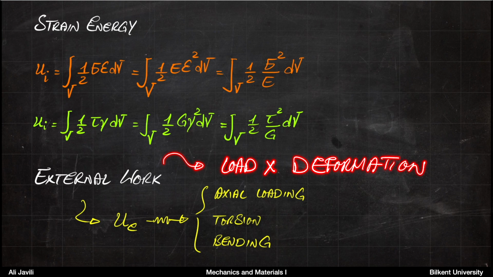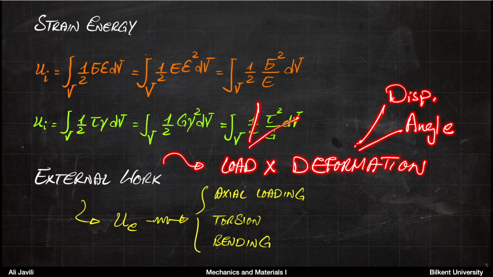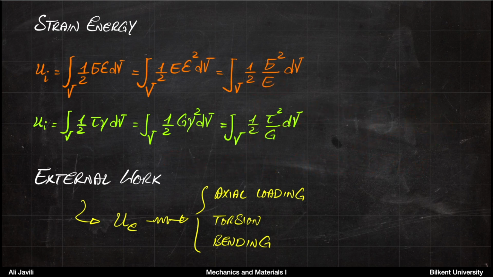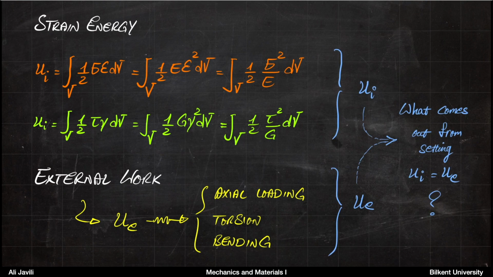Now, that deformation may be displacement in case of axial loading, or it may be angle if it's torsion or bending. So this could be displacement, or it could be just change of angle. And load could be force, or it could be moment. All right, so we know how to calculate now strain energy, UI, and external energy, UE.